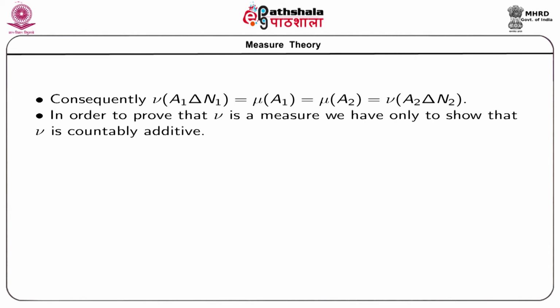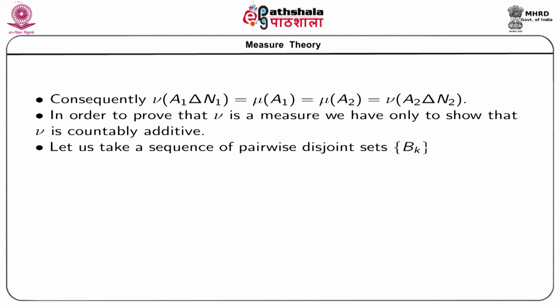In order to prove that nu is a measure, we only have to show that it is countably additive, because in any case it is taking the values of mu, and mu being a measure is already non-negative, and mu of phi is equal to 0.